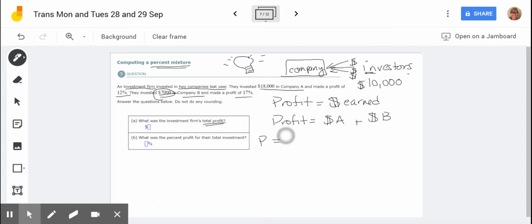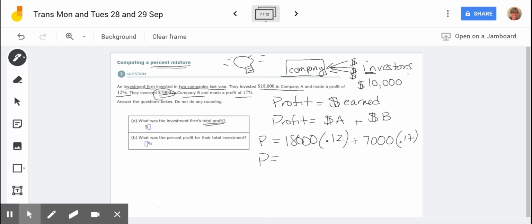It's going to be 18,000 times 12%, because A made 12%, and then B is $7,000, but at 17%. So you change these two to decimals and you multiply them to get the amount of money. And then that would be your profit.